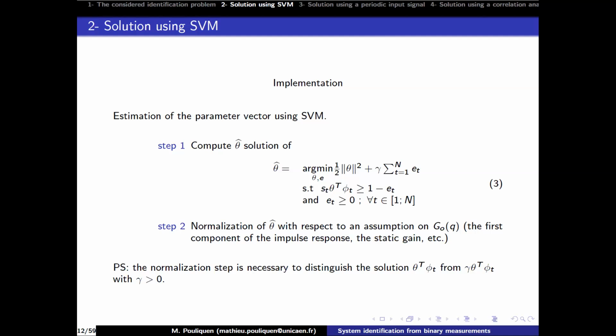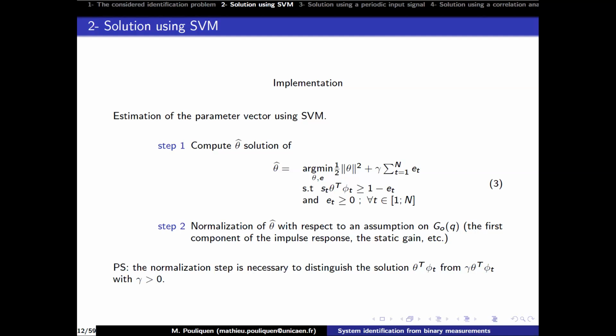Often these algorithms are two-step algorithms. In the first step, we compute a parameter vector, and in the second step, we have to normalize it because, as you see in the notes on the pages, the parameter theta gives the same answer as gamma theta with gamma positive.